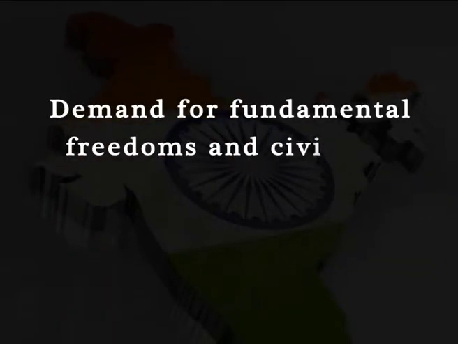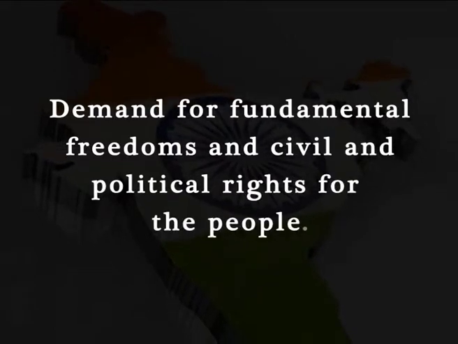The next one, during the second half of British colonialism, 1858 to 1919, when the British ruled India, resistance to foreign rule was manifested in the form of demand for fundamental freedoms and the civil and political rights of the people.